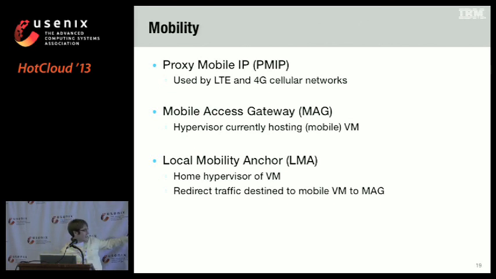The local mobility anchor, on the other hand, would be like the home node. So that's the home hypervisor of the VM. And so the idea is that if you were sending a message to a VM, first it would go to the local mobility anchor, which is the home hypervisor, and then the traffic would be redirected to the mobile VM at its mobile access gateway.